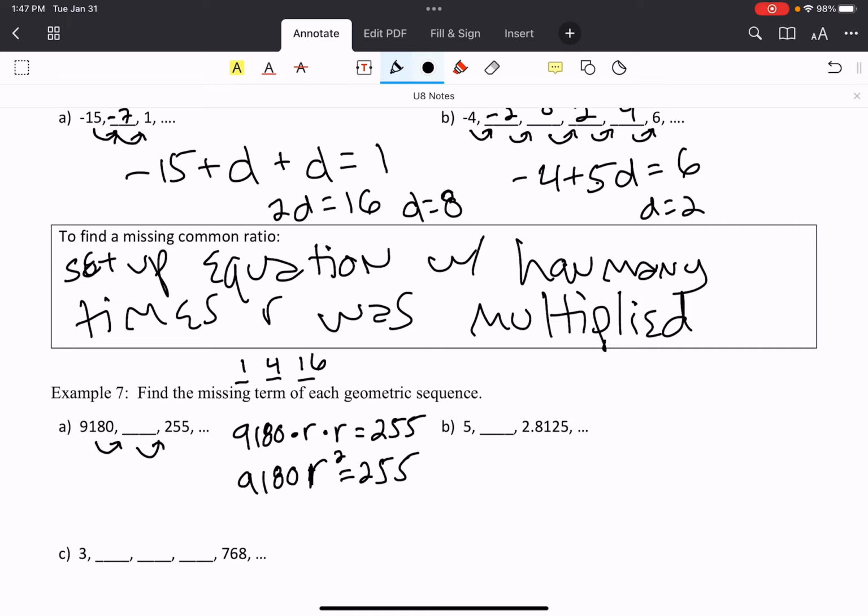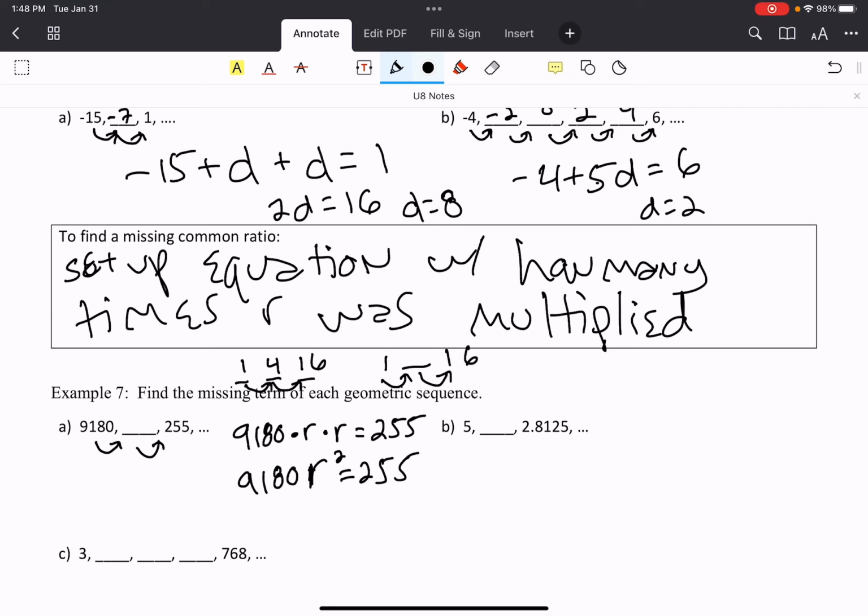I times by 4 once to get from 1 to 4, right? And then to get from 4 to 16, I had to times again. So even though there's only one missing spot, I had to times by 4 twice. So each comma represents when the common difference or the common ratio had to be applied. Does that make sense? Okay.